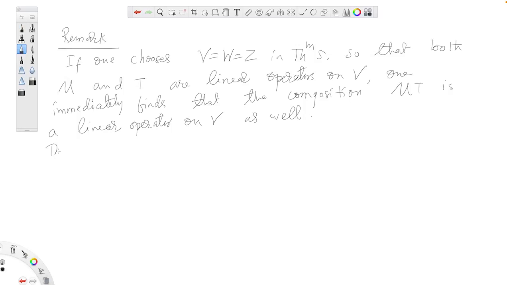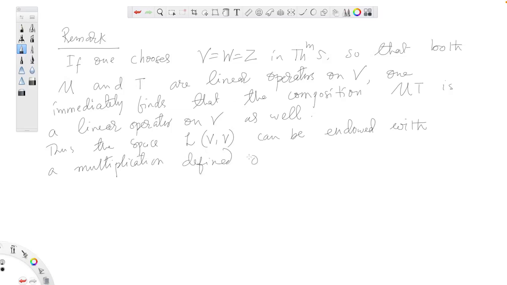Thus the space L(V, V), the space of all linear operators on V, can be endowed with a multiplication defined on it by composition.